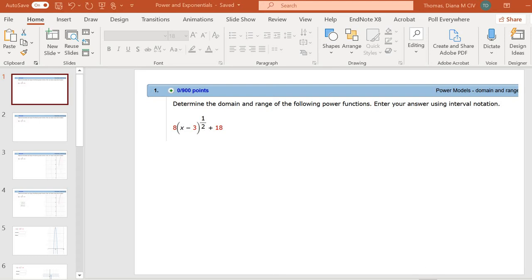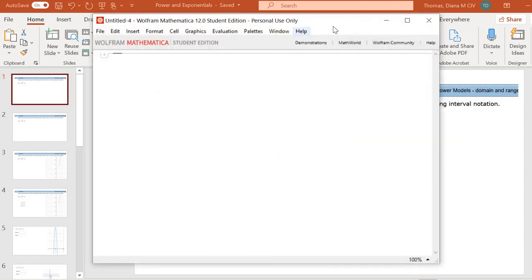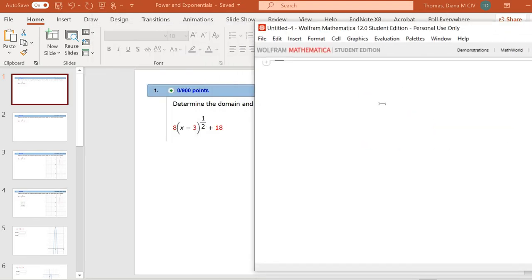So let's start with just going to Mathematica and plotting this. I would do Plot, 8 times (x minus 3), remember to put your parentheses around it, raised to the half, plus 18.